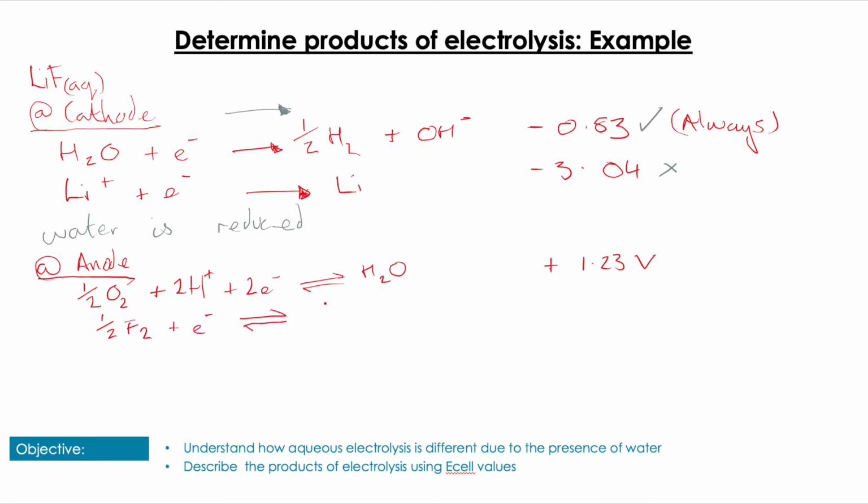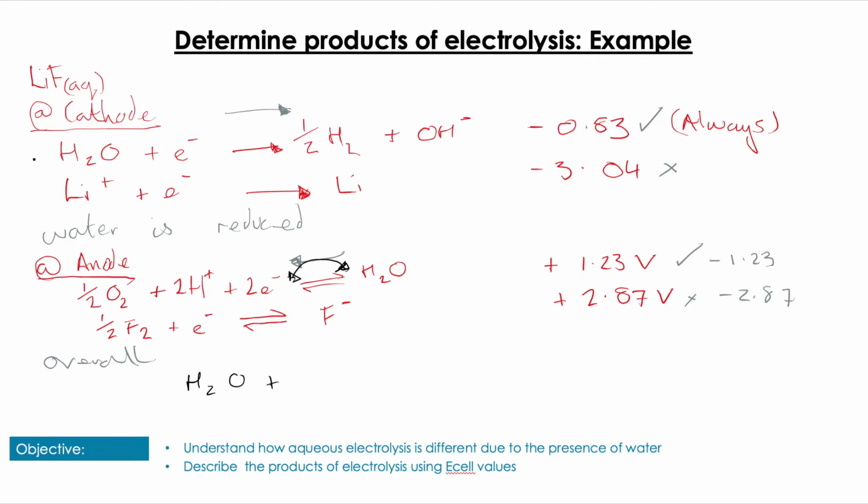So we're going to be looking at the oxidation of fluoride ions into fluorine gas, and that has a 2.87. But remember, these go from right to left, so we are going to invert these values. So we can see now that the less negative or the more positive value is the one that will occur.